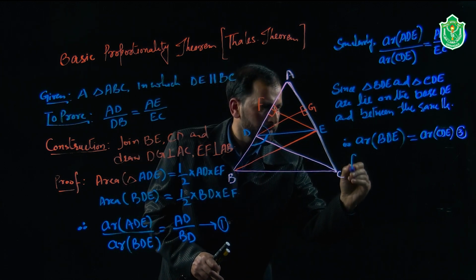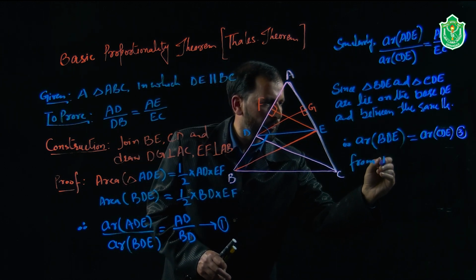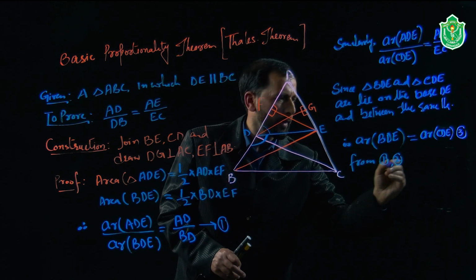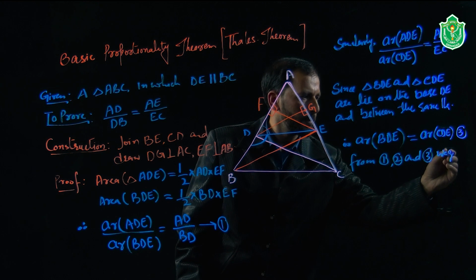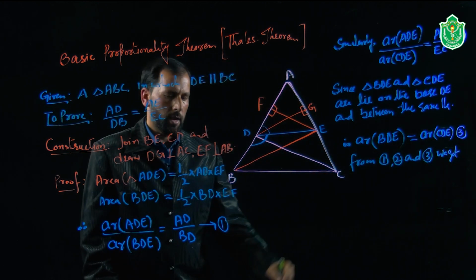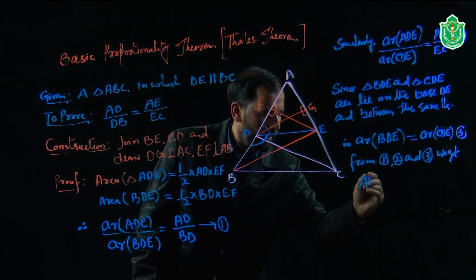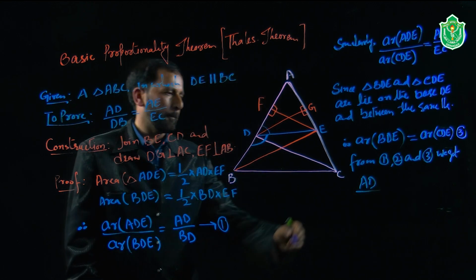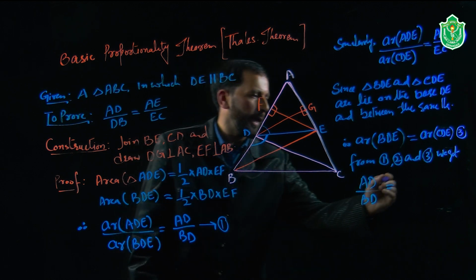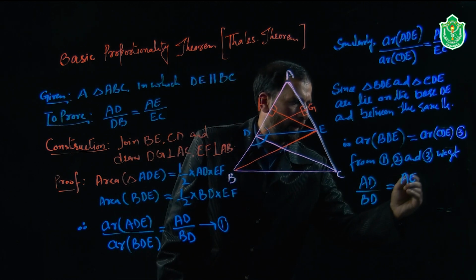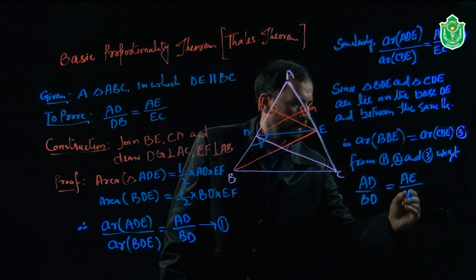So from the first, second, and third, we get AD divided by BD is equal to AE divided by EC.